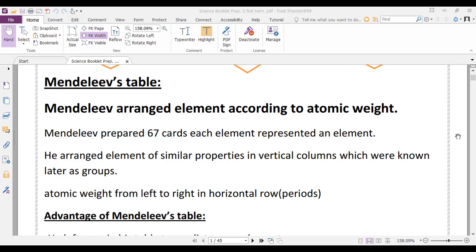He arranged elements of similar properties in vertical columns, later known as groups, and atomic weight from left to right in horizontal rows, later called periods. So what are the advantages and disadvantages of Mendeleev's table?